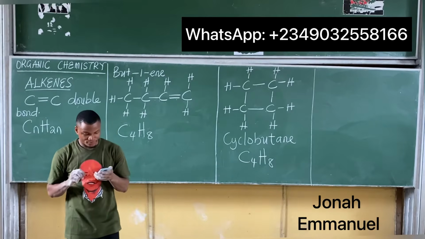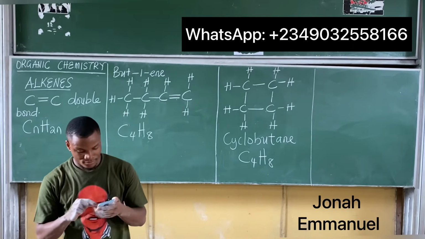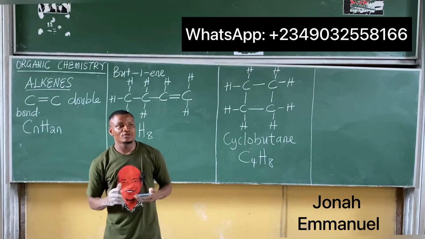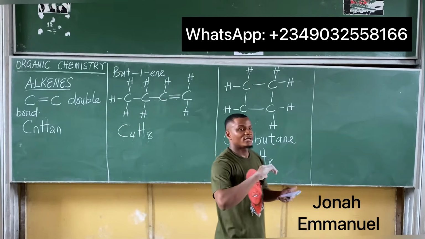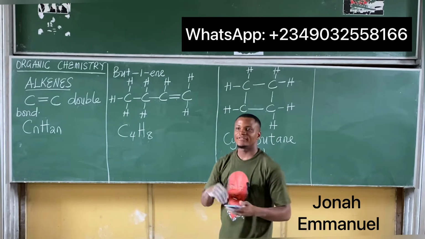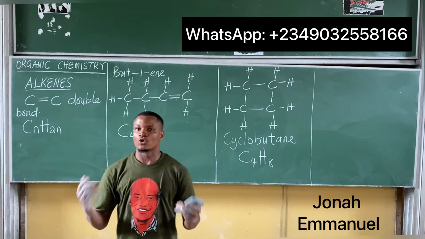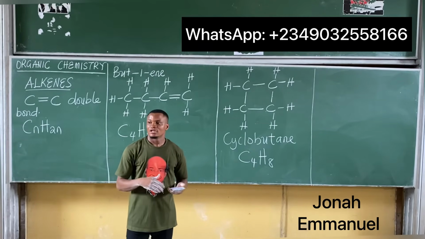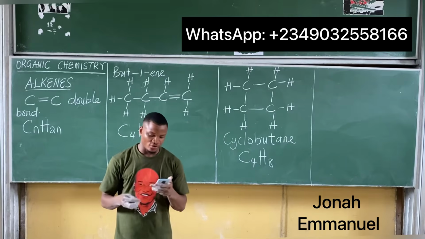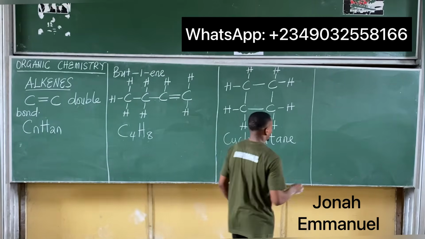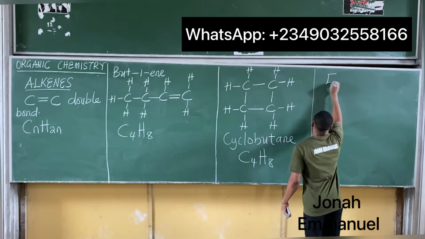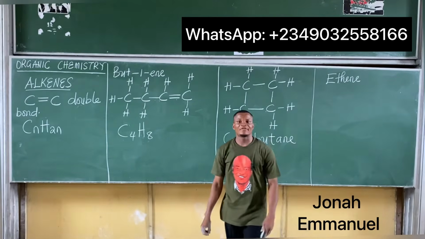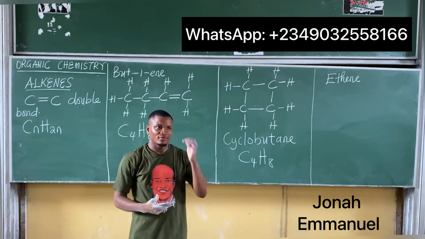All right. Note. The first member of the alkene group is ethene.